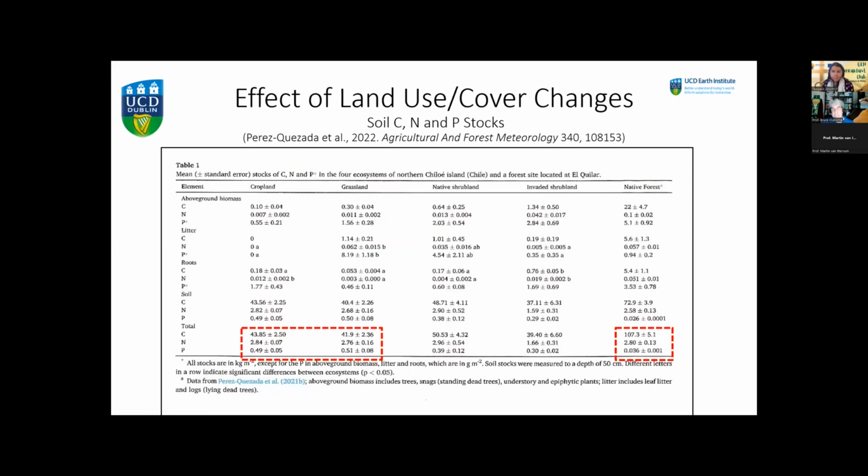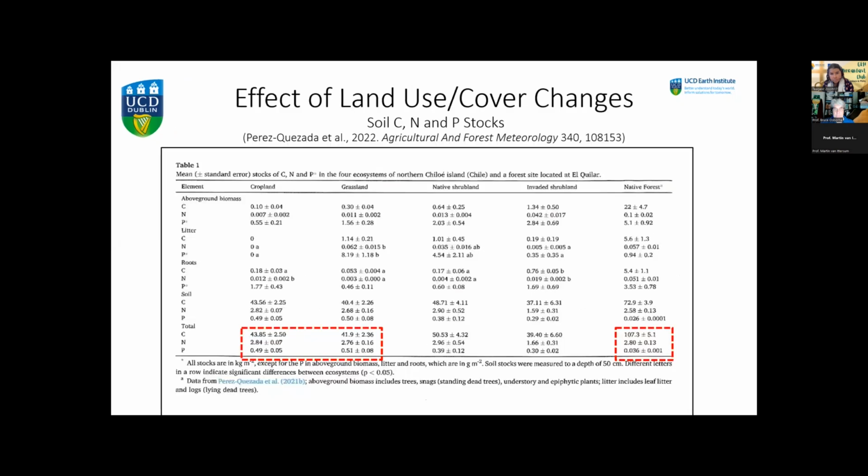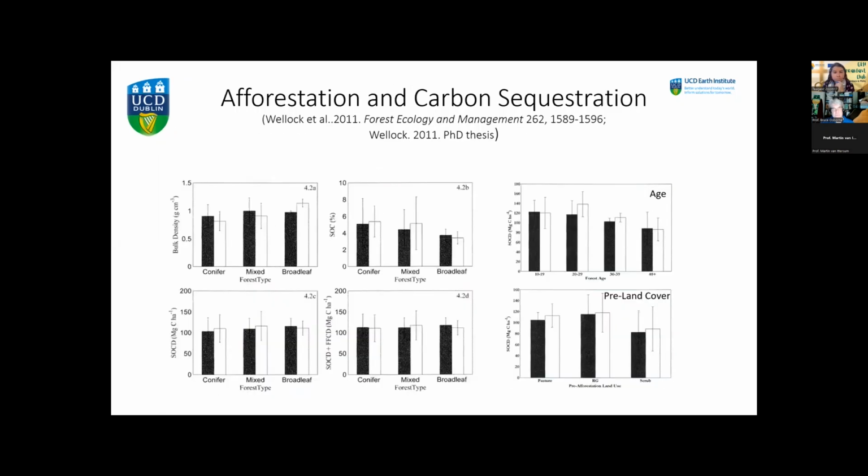And I think actually the question really is related to where we actually plant the trees, because in some situations we actually find that far from increasing carbon sequestration, afforestation might even reduce soil carbon sequestration.